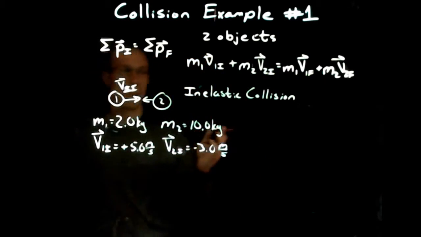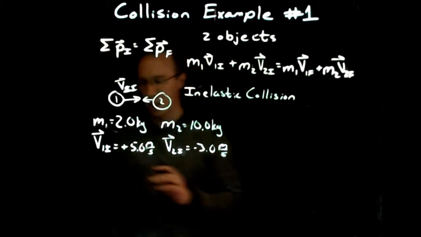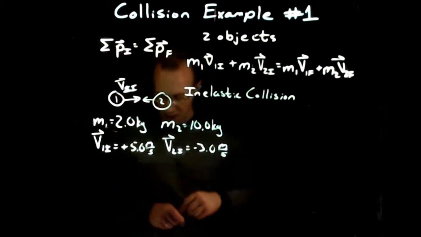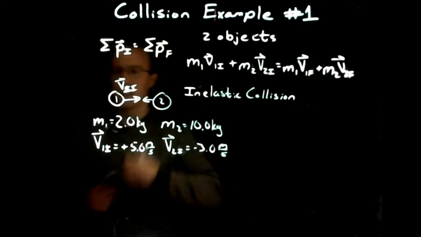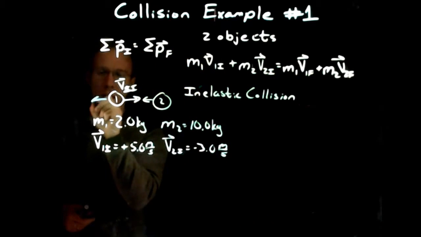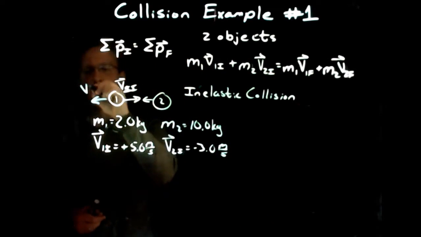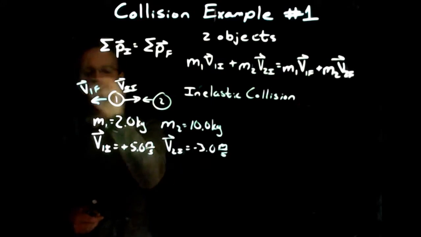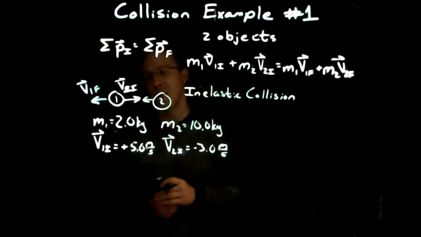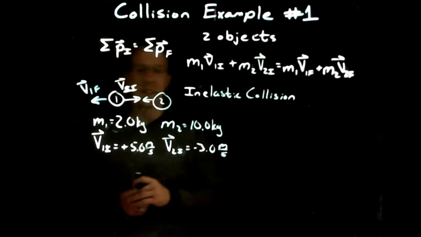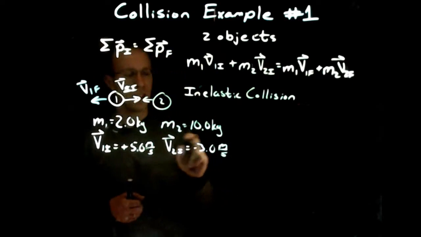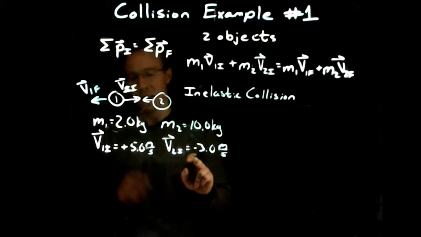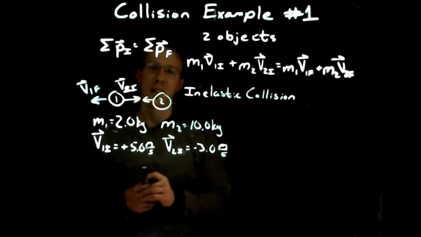Now, we need something else. Let's say that mass 1 bounces backwards. I mean, if you think about it, it might. Mass 2 is very, very large, and it's moving at a similar velocity to mass 1.